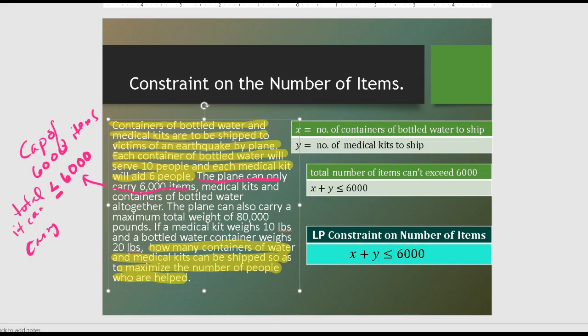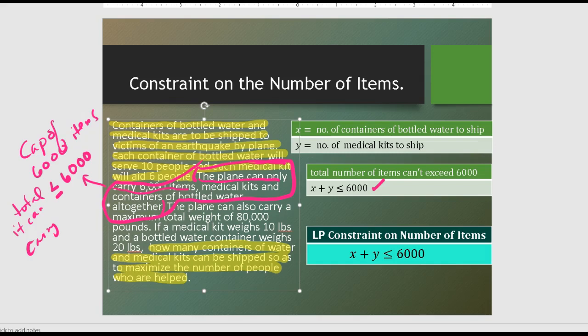So this is counting medical kits and containers of bottled water. That part gave us a constraint. So knowing that X was our variable for bottled water and Y for medical kits, the total number of items would definitely be X plus Y, and it cannot exceed 6,000. So that's our first constraint.